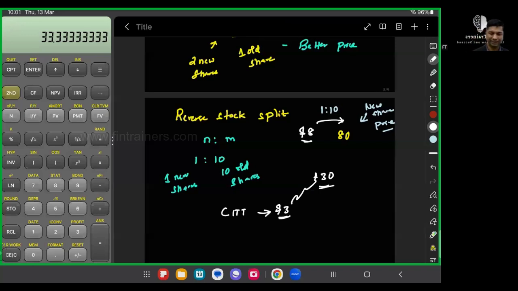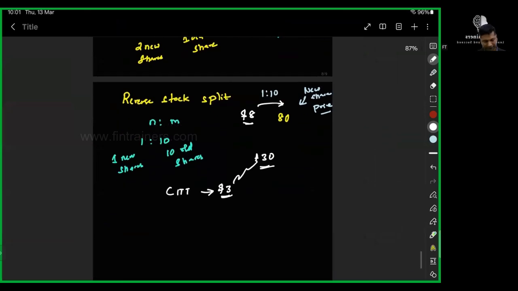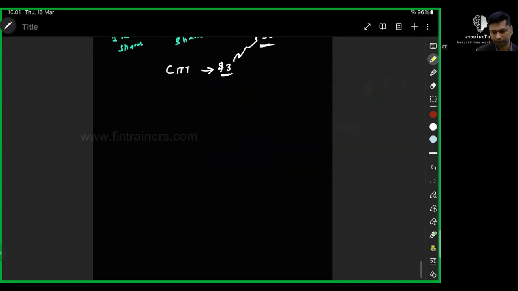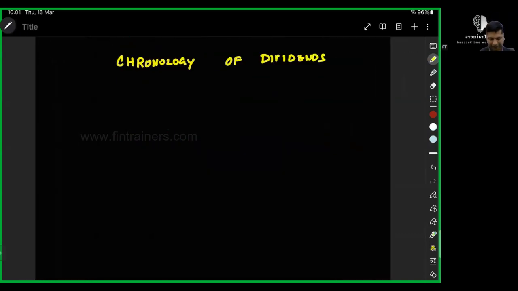As I said, this doesn't have a lot of direct application to valuation, but it is in your curriculum, so I just wanted to cover these concepts. One concept you have to know, though, is the timing, the chronology of dividends. That part is actually useful. There are a few dates we need to know. The company will announce, will declare the dividend.